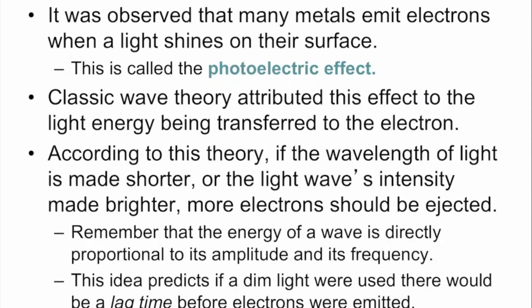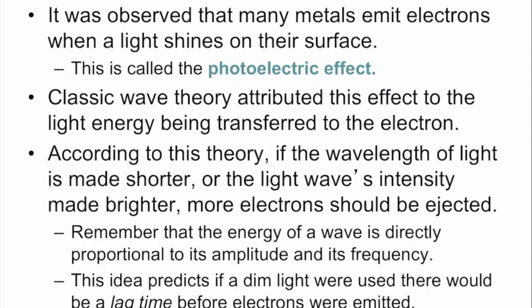Let's continue with this idea of what is called the photoelectric effect. This started with scientists observing that when light was being shined on a metal, the metal was emitting electrons. So the light was being shined on the surface and electrons were being emitted.